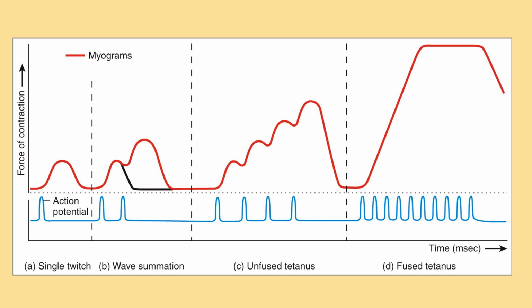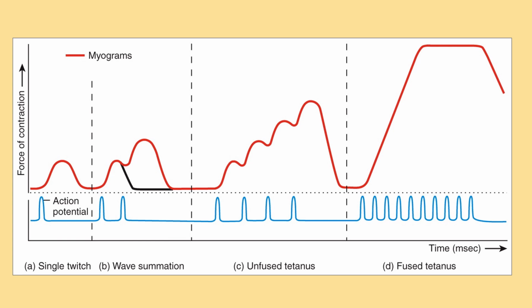So the muscle will begin to contract, and before it's even started to relax, that muscle cell undergoes another muscle action potential. And that immediately causes a further increase in the force of contraction. So in between these action potentials, in fused tetanus, we see no signs of the muscle cell relaxing.